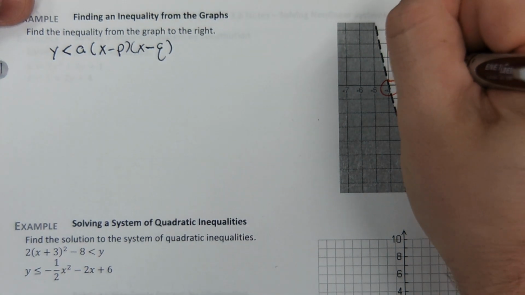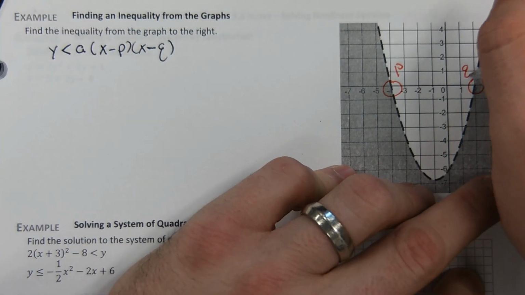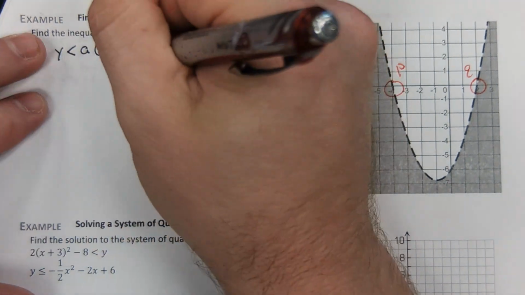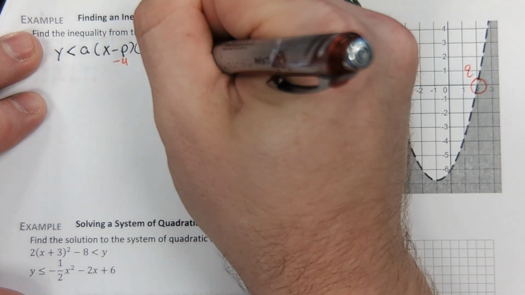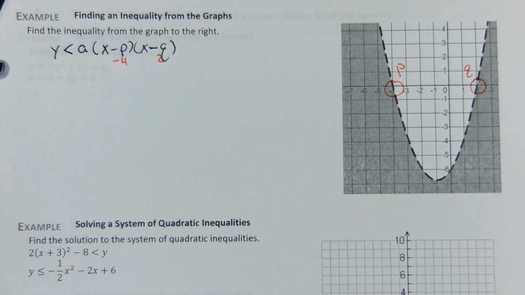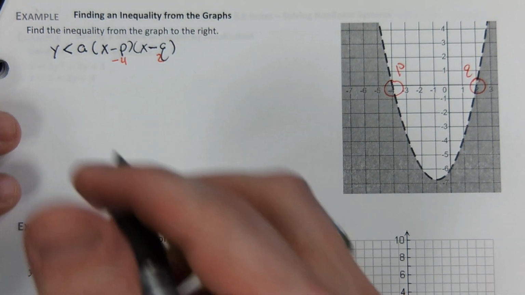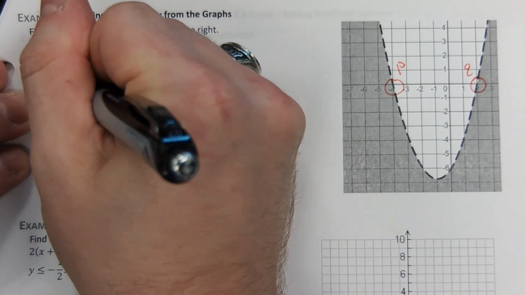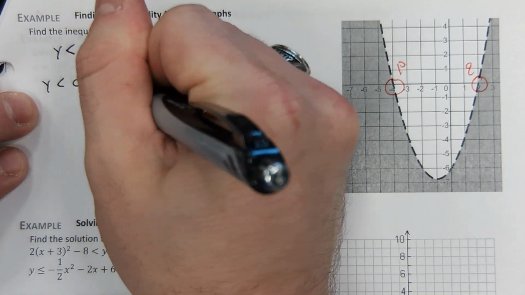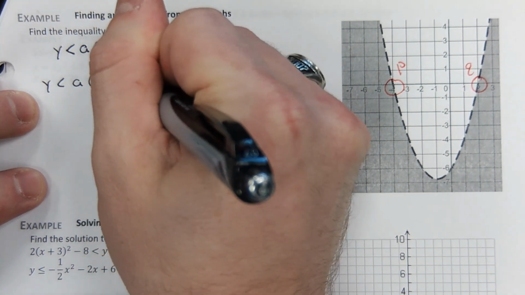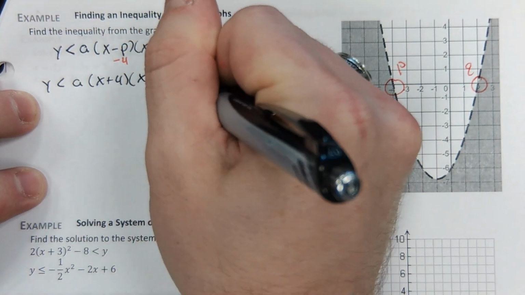So we'll say this one's P, -4, and this one's Q, +2. So as of right now, our quadratic inequality says y is less than a times x plus 4 times x minus 2.